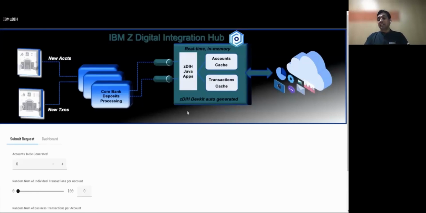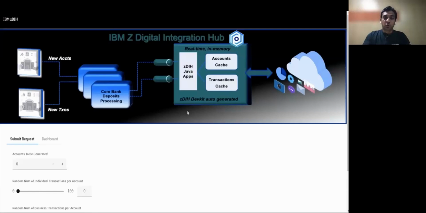And on the extreme right, you can see our consumers who are ready to consume these caches. In this particular demo, we are considering a dashboard as our consumer, which is consuming this information from these caches to show what is happening within my applications around the various accounts and the transactions.